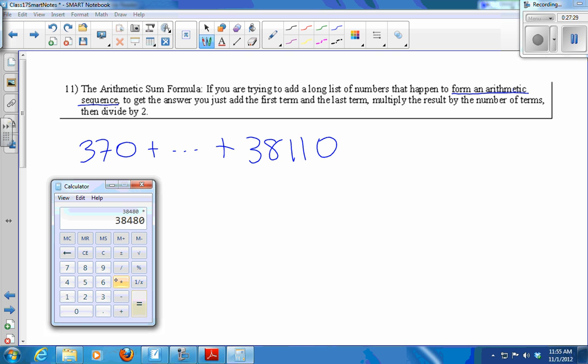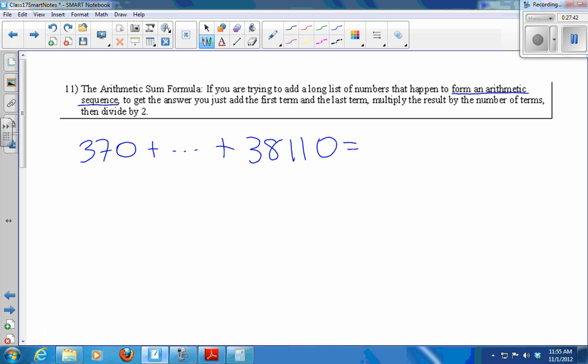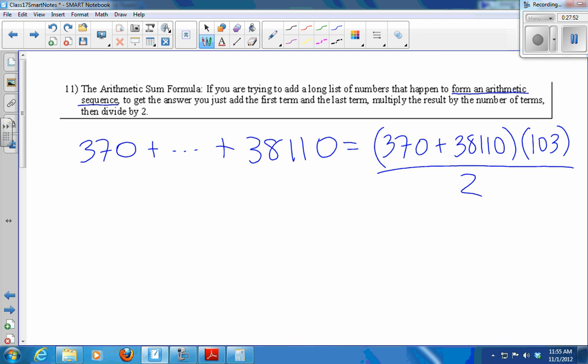Multiply by the number of terms, which was 103. And then divide by 2. And you get the sum. So this is equal to 370 plus 38,110 times 103, the number of terms, divided by 2.